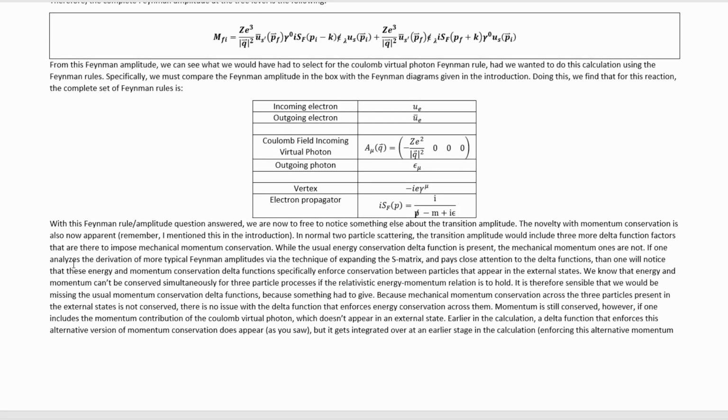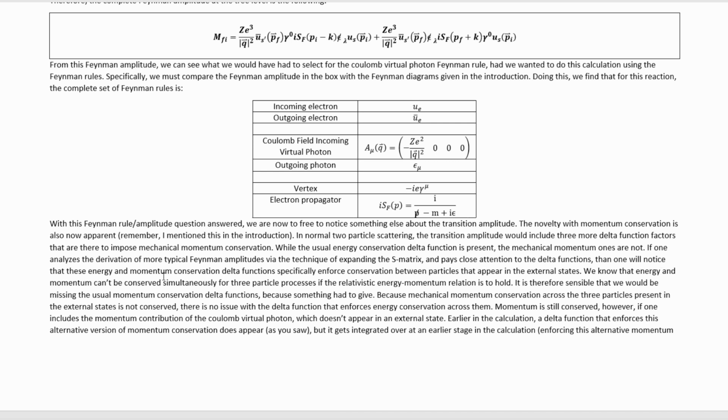If one analyzes the derivation of the more typical Feynman rules via the technique of expanding the S matrix and pays close attention to the delta functions, then one will notice that these energy-momentum conservation delta functions specifically enforce conservation between particles that appear in the external states.